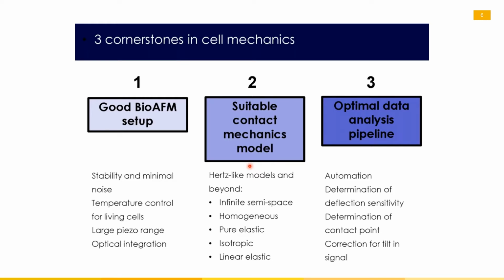The third part, which her team concentrates on, is the optimal data analysis pipeline. So automation, determination of deflection sensitivity, determination of contact point, and correction for tilt and signal. And that's also the point on which we are concentrating today.